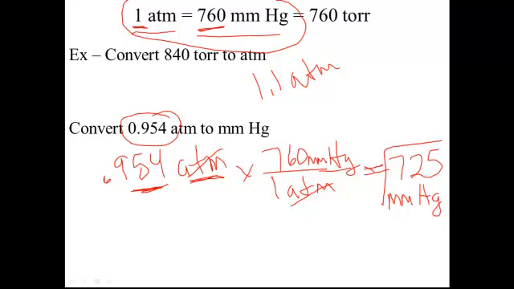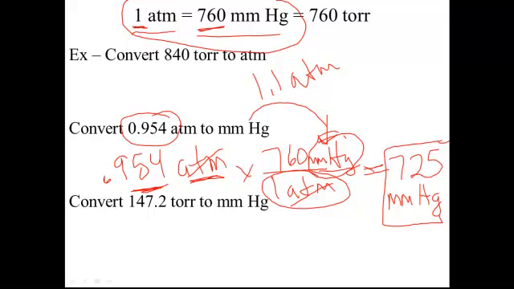But you should get somewhere right around 725 millimeters of mercury. So to convert between one pressure unit and another, you simply place the pressure unit that you want to cancel on the bottom and the one they're asking you for on the top. Then you cancel the units that you've already used, and you end up with the unit that they're asking you for.